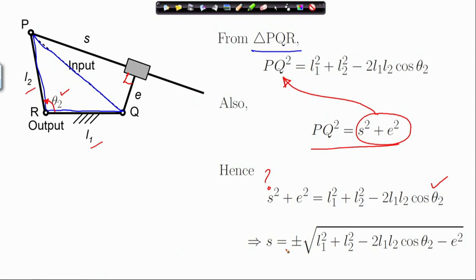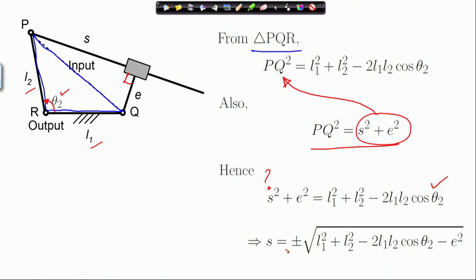Let us understand this graphically. So, we have found two solutions of S as plus and minus.